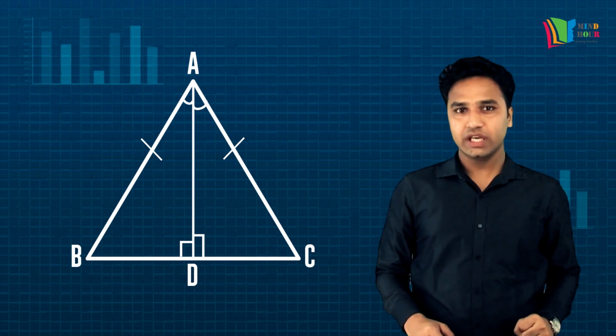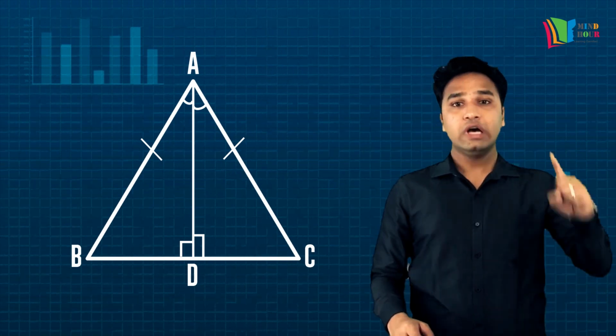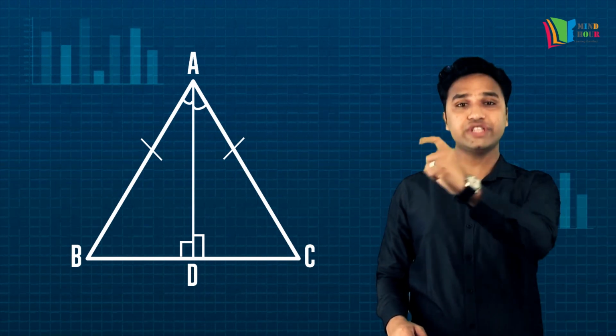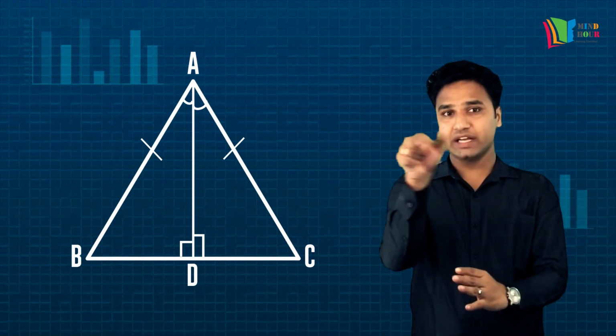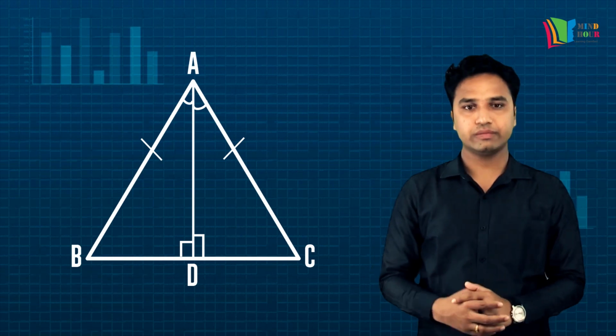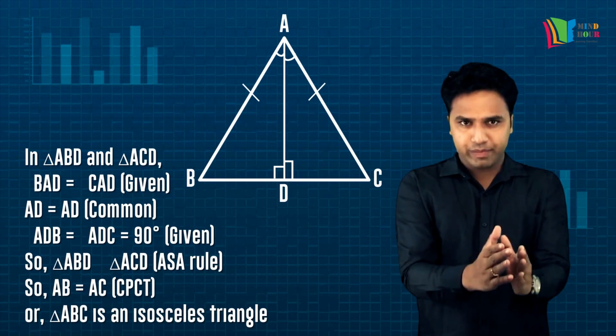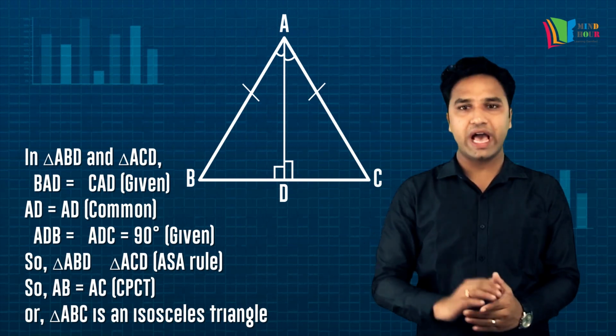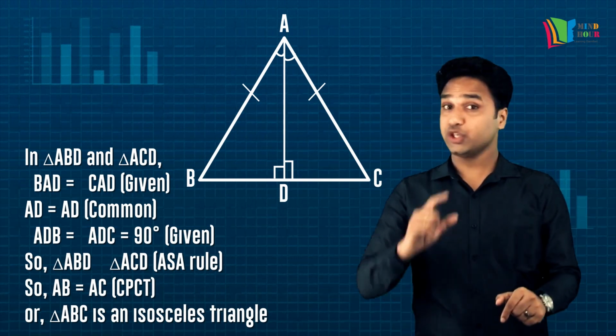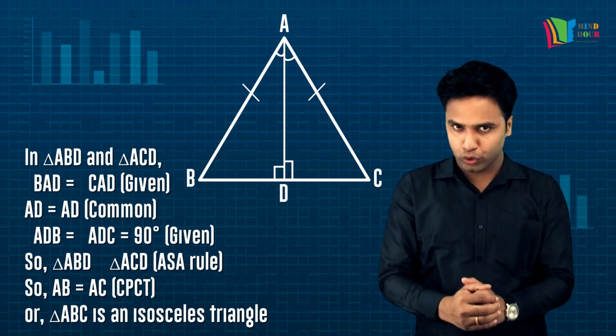In triangle ABC, the bisector AD of angle A is perpendicular to side BC. Show that AB is equal to AC and triangle ABC is isosceles. In triangle ABD and triangle ACD, it is given that angle BAD is equal to angle CAD. AD is equal to AD as it is common to both.